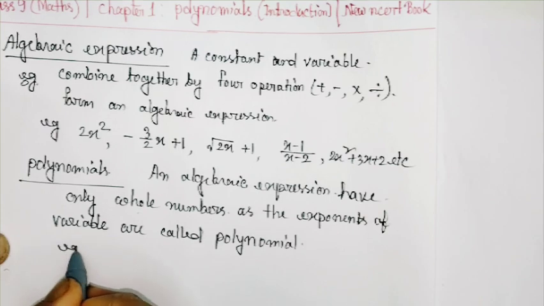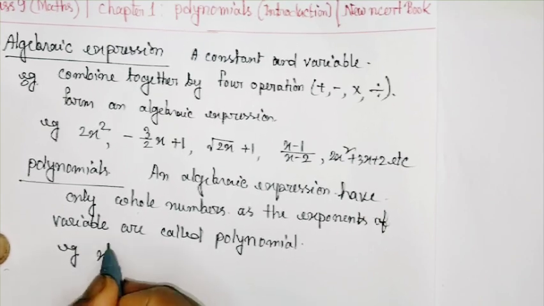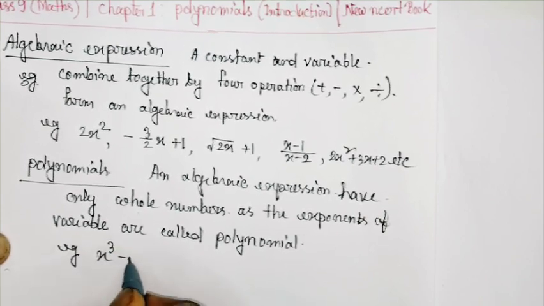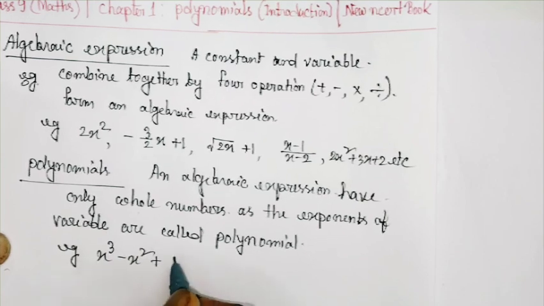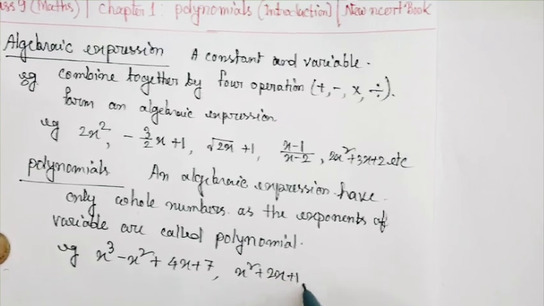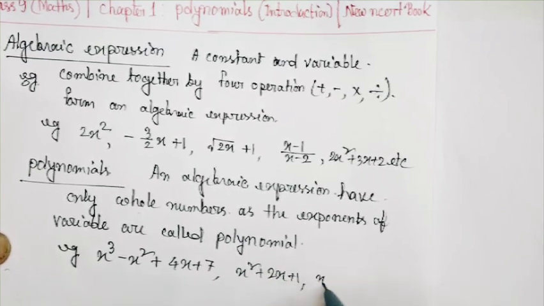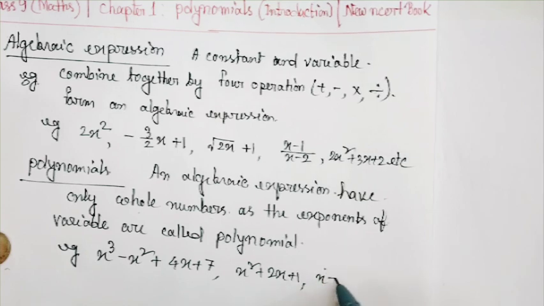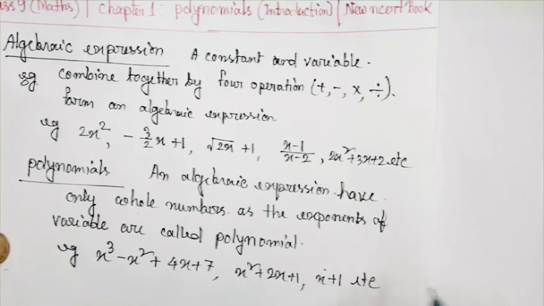For example, x cube minus x square plus 4x plus 7, x square plus 2x plus 1, x cube plus x plus 1, etc.